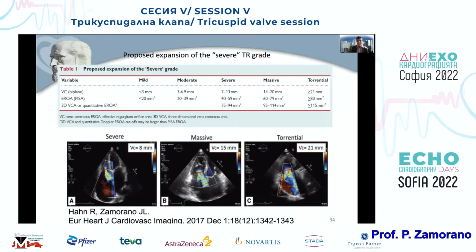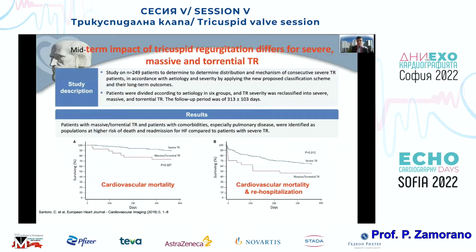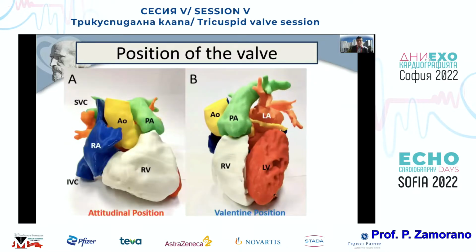And it really makes sense, because as you can see in this paper coming from our group, patients with massive and torrential TR have worse prognosis, more increase in mortality, and also more hospitalizations related to heart failure. Finally, a final thing that I want to share with you is that the position of the valve is something we also need to understand while assessing the severity of the TR.